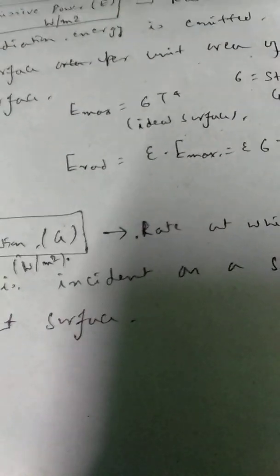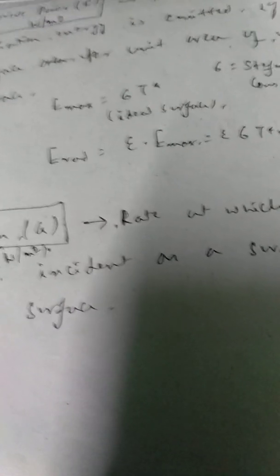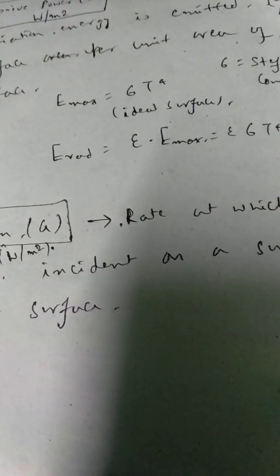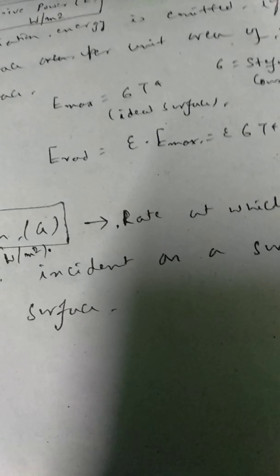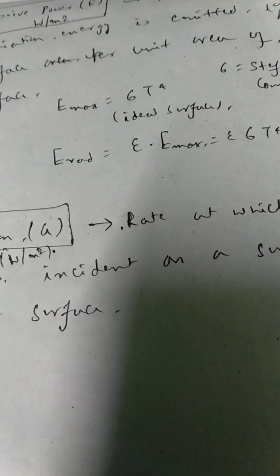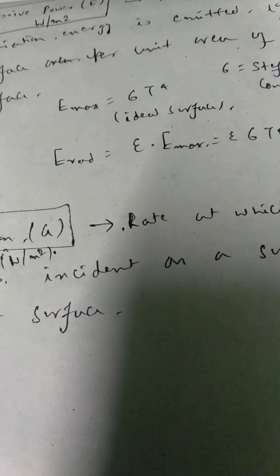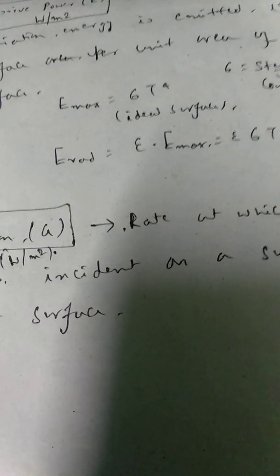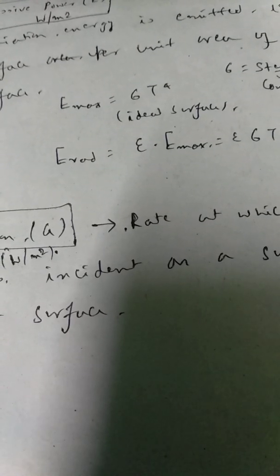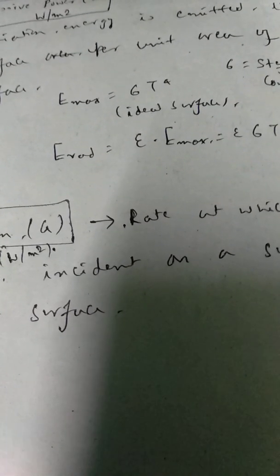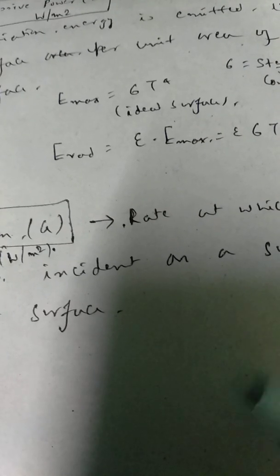So to calculate the irradiation, we first have to calculate the emissive power of all the objects in the surroundings, and then we can calculate the amount of energy that is falling on the surface of the table, which we have considered as the surface on which we are considering the irradiation.